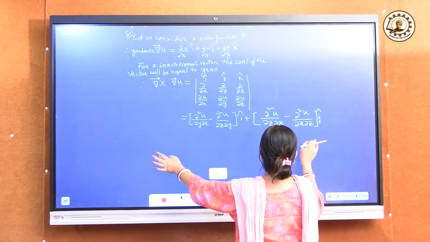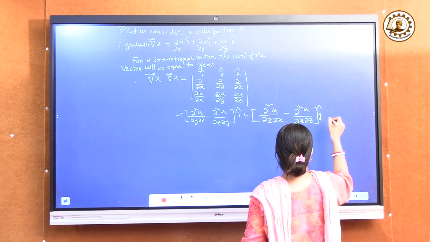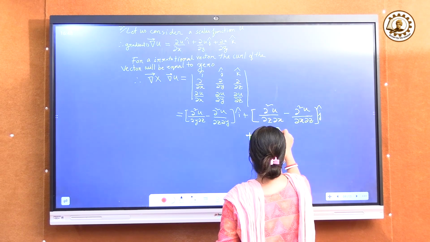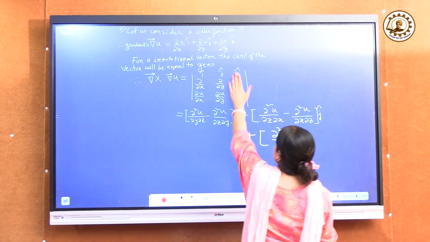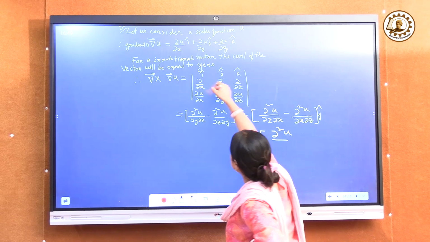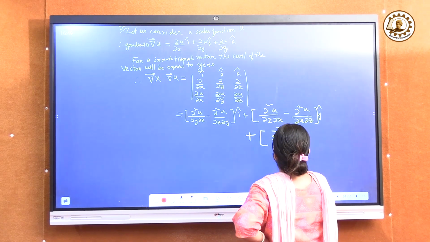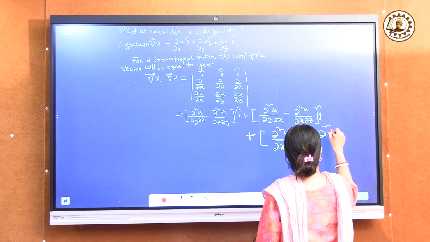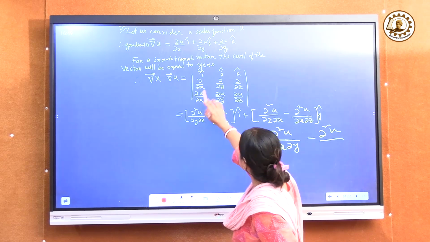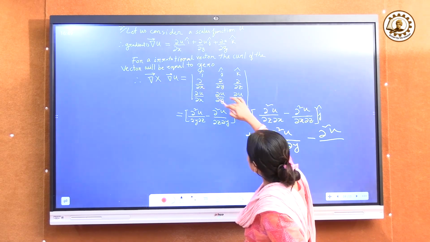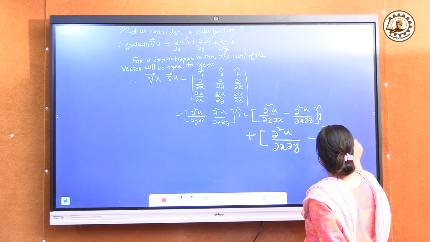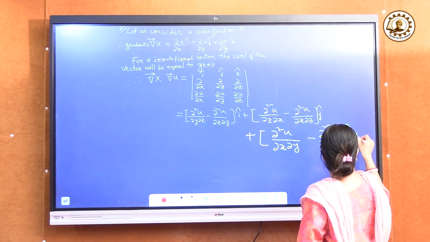Plus, the k component part, I will take again: del 2u del x del y minus del 2u del y del x, k cap.